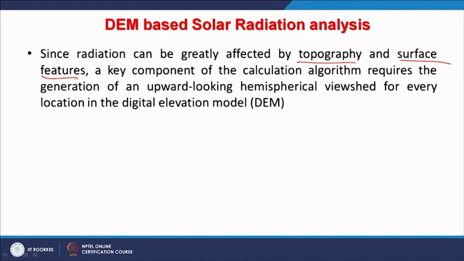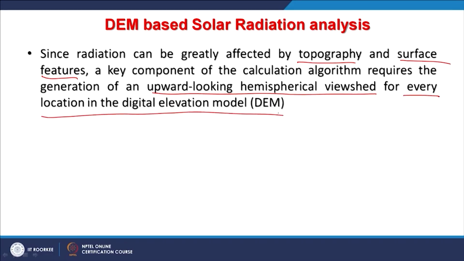Now, as we know, radiation can be greatly affected by topography and surface features, and therefore a key component in the calculation of this algorithm requires the generation of an upward looking hemispherical viewshed for every location in the digital elevation model.